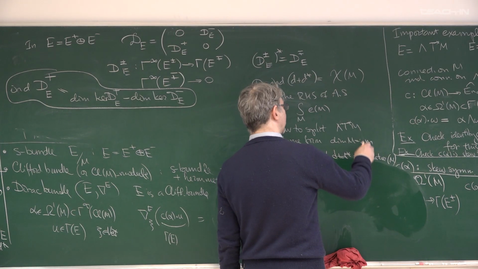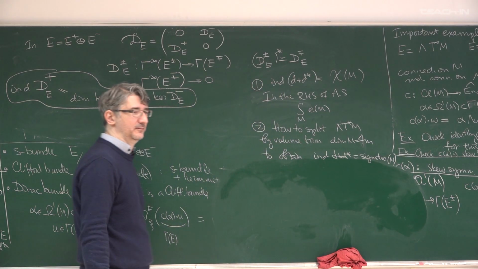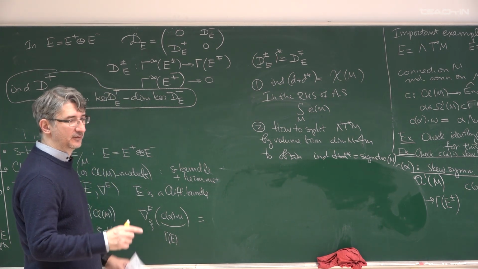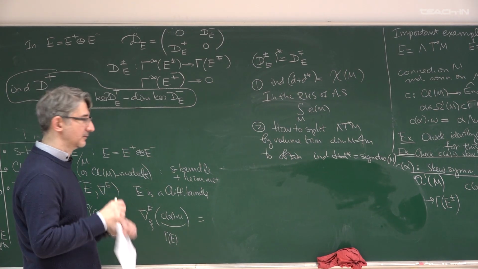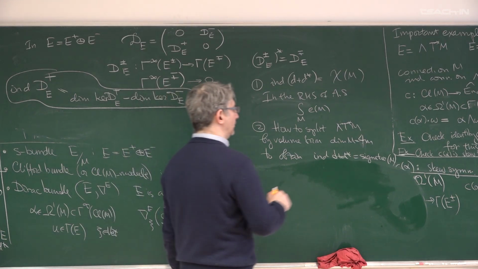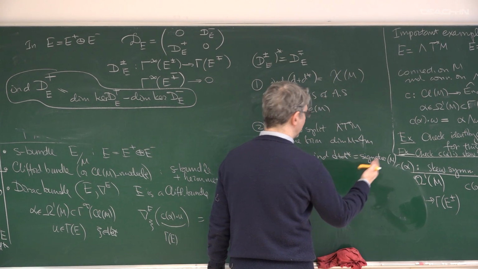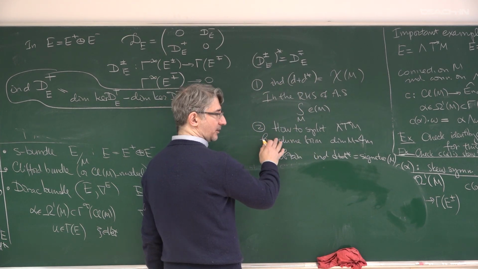To be honest, the signature is well defined when the dimension of M is 4m. The signature is the signature of the intersection form in the middle dimension of cohomology. If it's 4m, then that intersection form is symmetric. Okay, it's a simple part, it's not difficult.